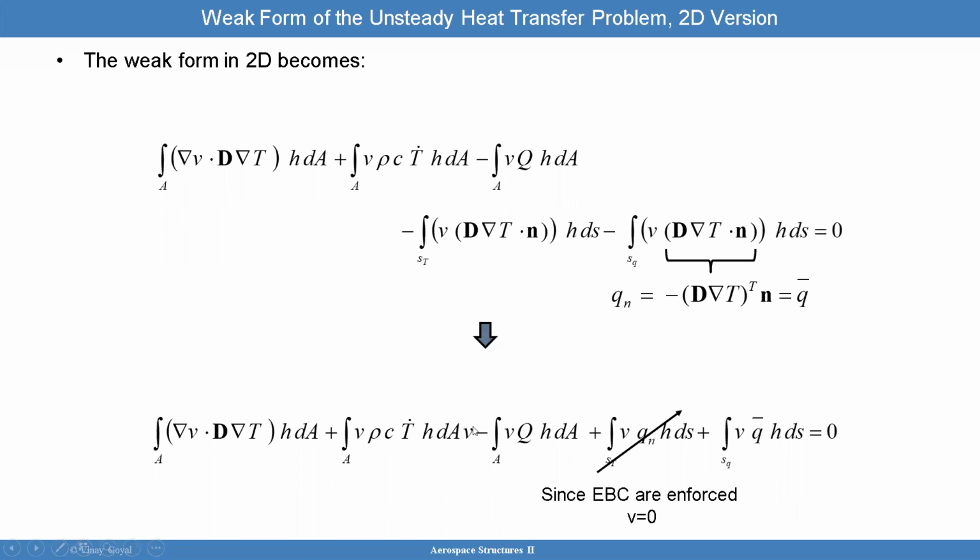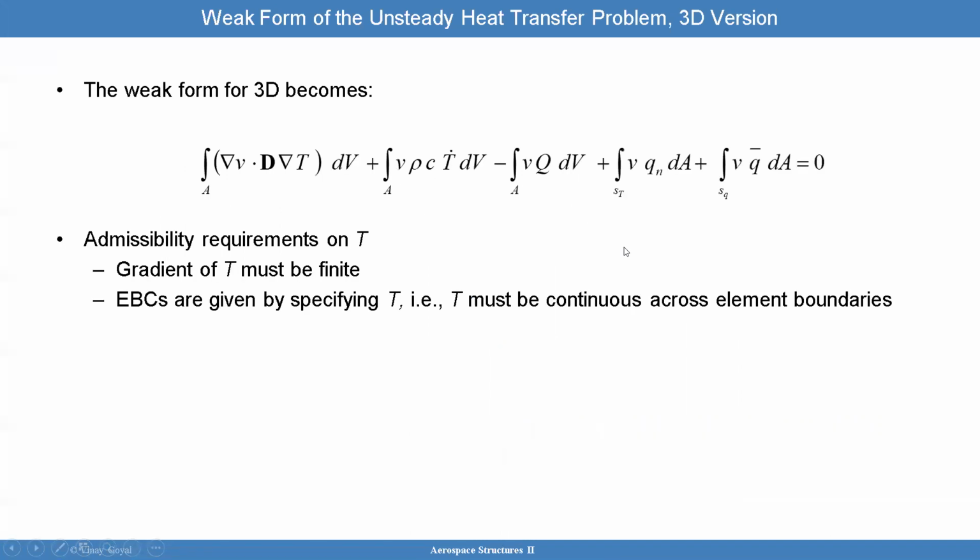This v shouldn't go here, that's an error. But in general, everything looks pretty good. And we just substitute everything we talked about before. And the weak form for 3D becomes this one here. I already have another video on finite elements that goes into extensive detail on the discretization problems, but here we're giving a top level view and not going into extensive details.